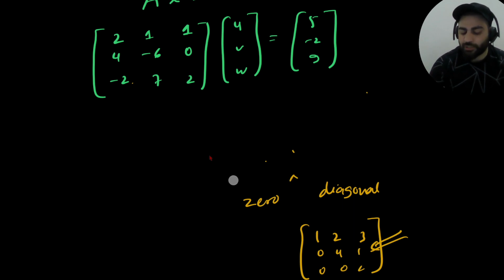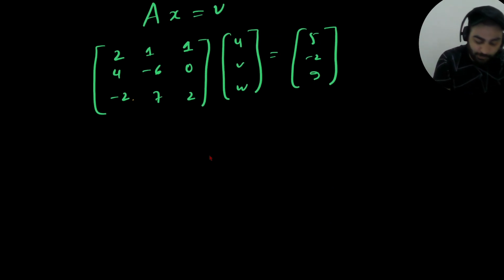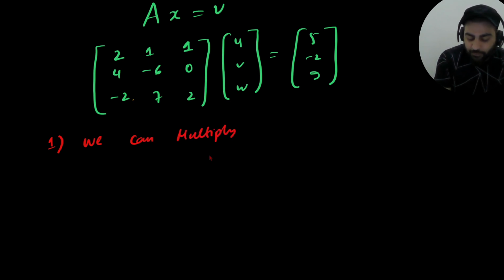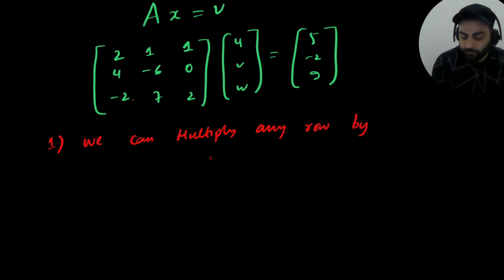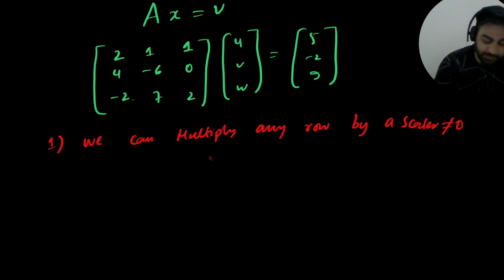So how do we do this Gaussian elimination? It's just like the other elimination that we used to do, but now in matrix form. The first thing that is allowed is we can multiply any row by a scalar, but the scalar should not be equal to 0. You cannot just multiply with 0.